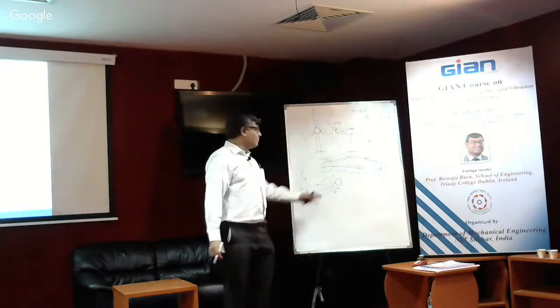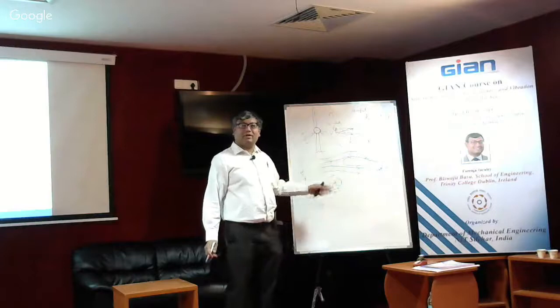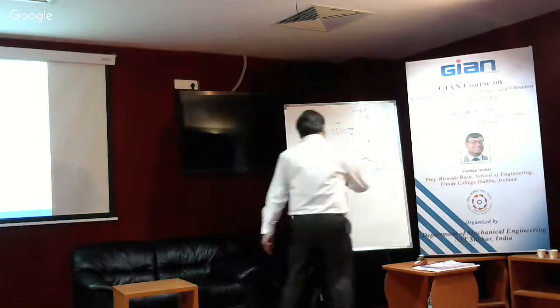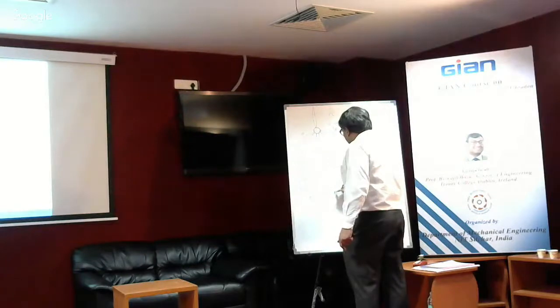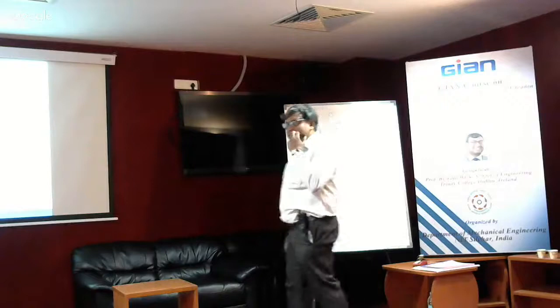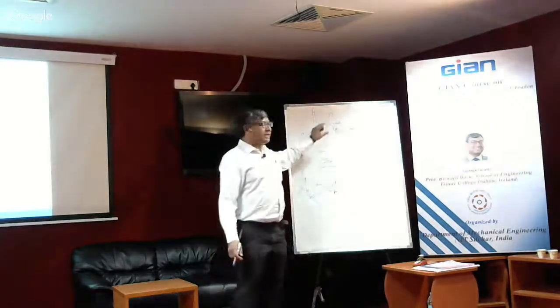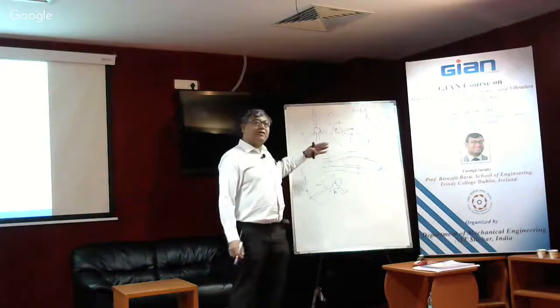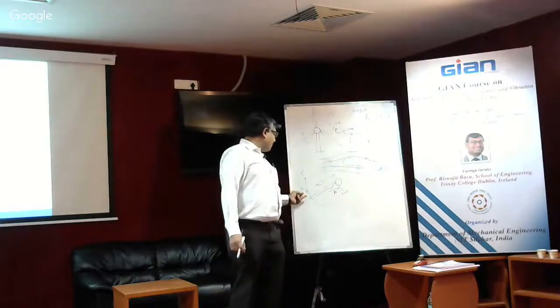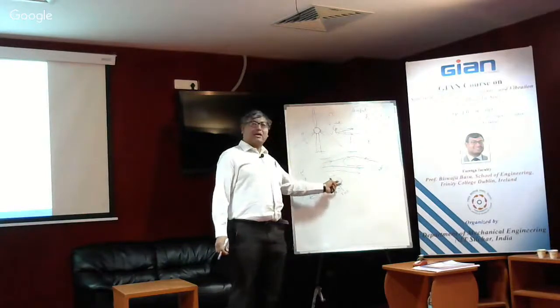And what happens at the hub then? What is the value of r? 0. So at the hub, you have r equal to 0, and that means that component is completely absent. So there is actually a change in the net angle of attack from this end to the hub.